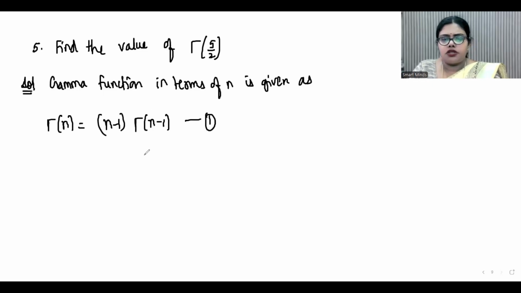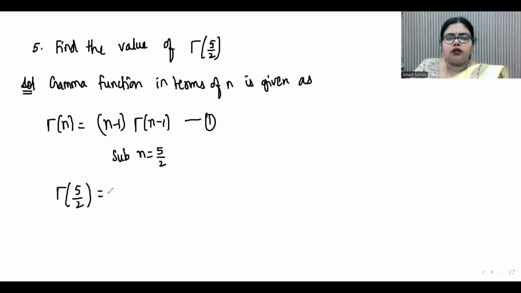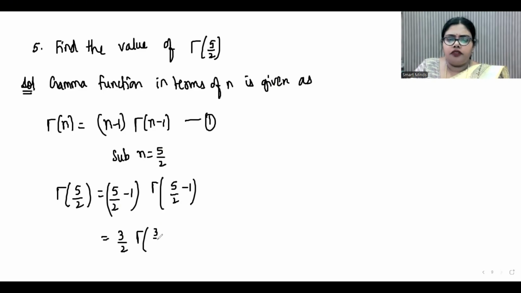Take this as equation number 1. Now substituting n is equal to 5 by 2, gamma of 5 by 2 is equal to (5 by 2 minus 1) into gamma of (5 by 2 minus 1). So 5 by 2 minus 1 is 3 by 2, 3 by 2 into gamma of 3 by 2.